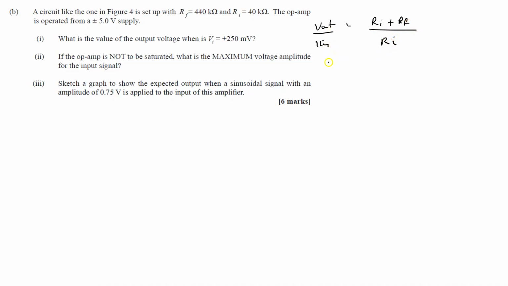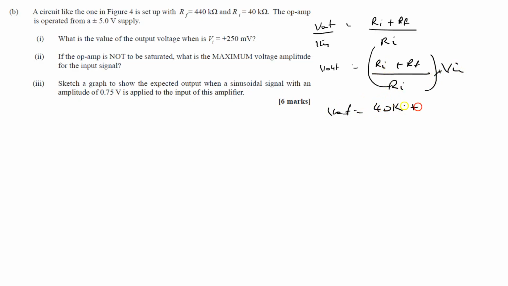So what we need to do now is transpose the equation to make V out the subject. So V out is equal to R1 plus Rf divided by R in, in brackets, times V in. Nothing hard.